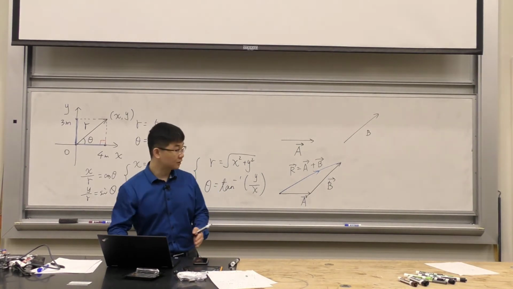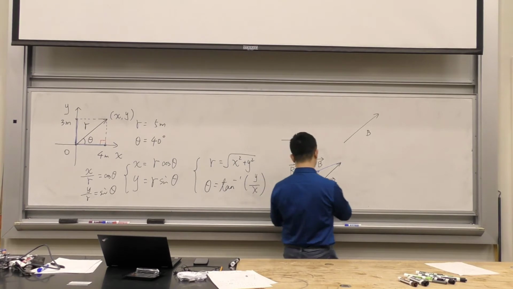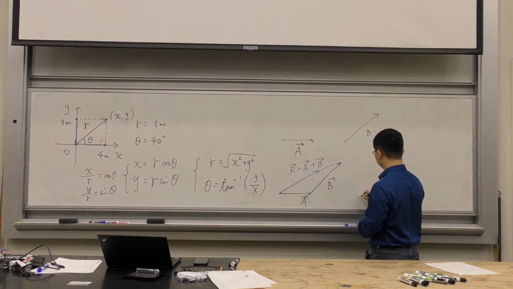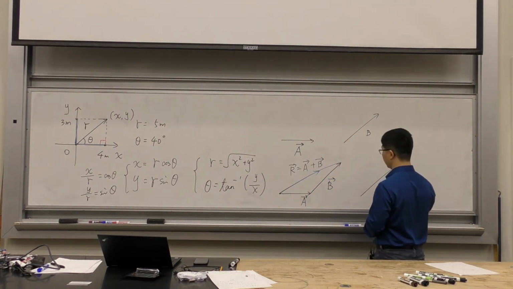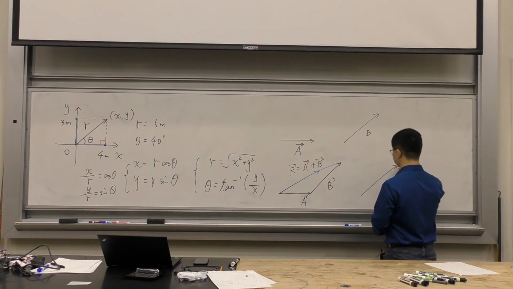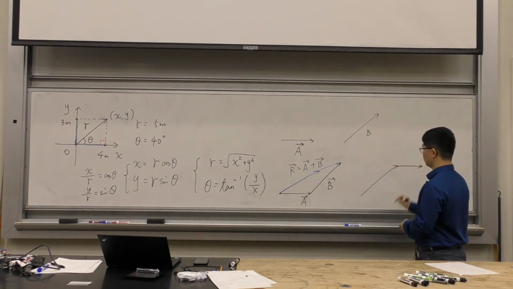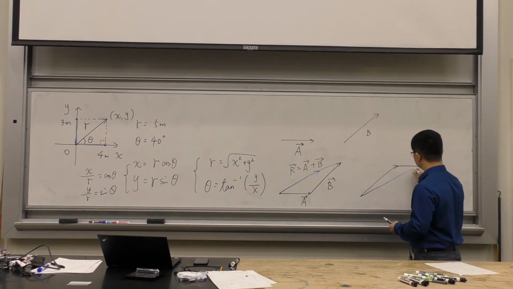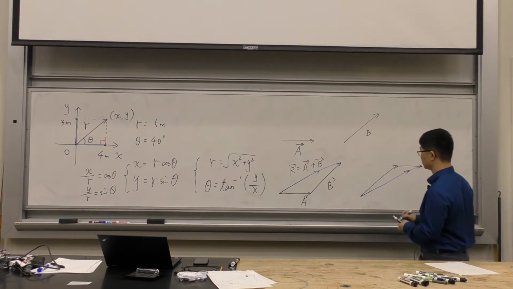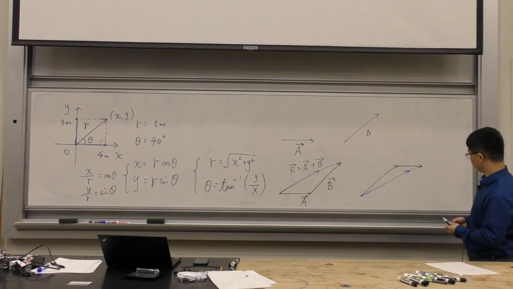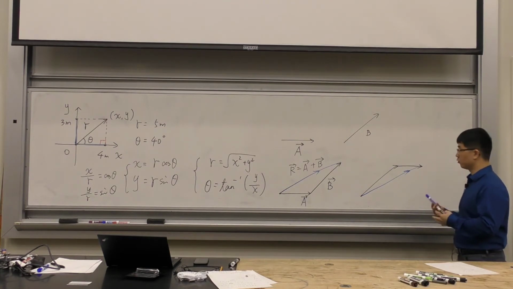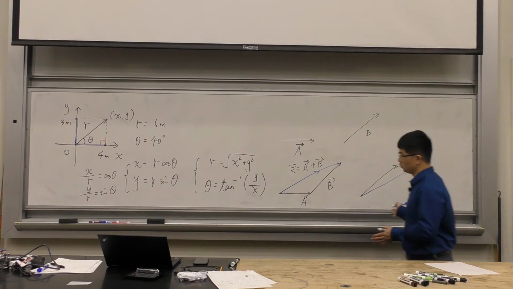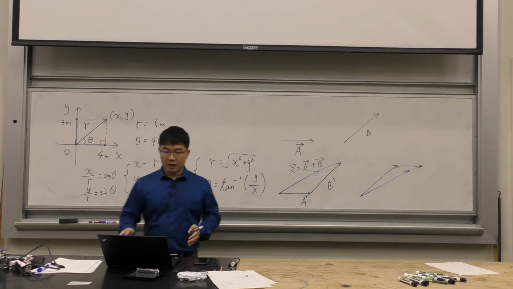You can repeat this process with A plus B, or if you draw B first and then draw A, again you will get the same vector, in the same direction. Well, if they don't look the same, it's my drawing. The theory is still true.